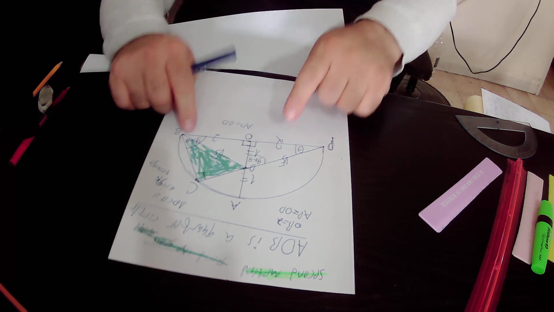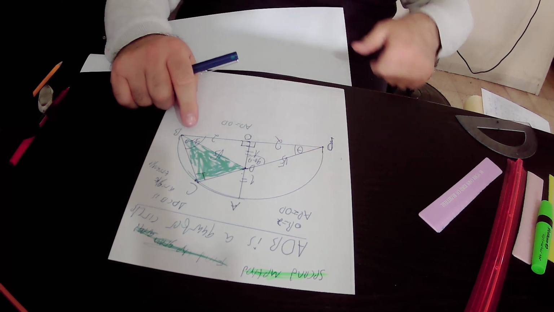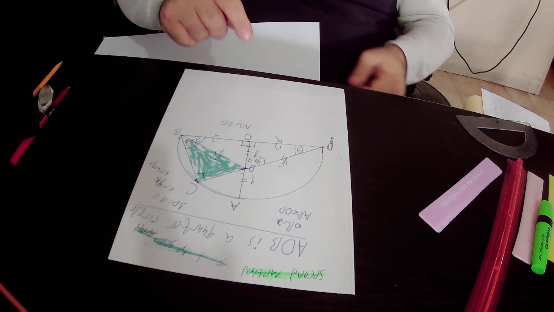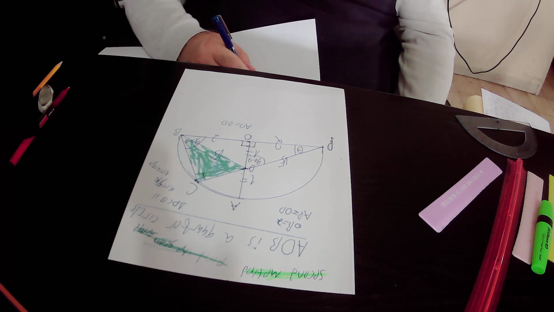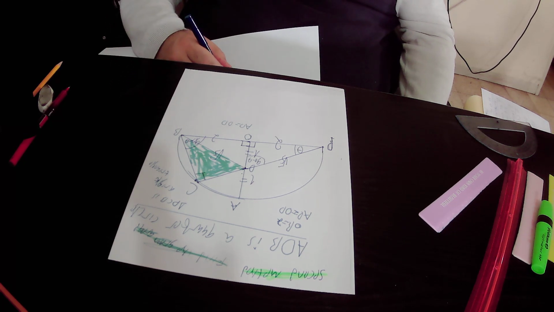And finally, those two angles are equal to 90 degrees minus theta, therefore they are equal to each other. So this angle PDO equals this angle, which is actually CBP, and they are both equal to 90 degrees minus theta.